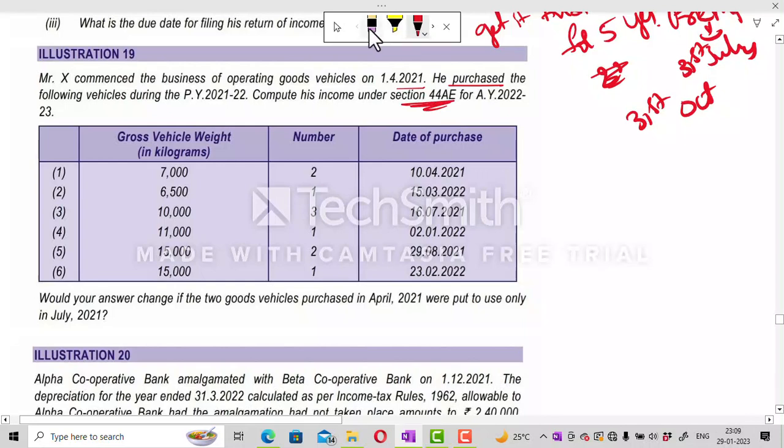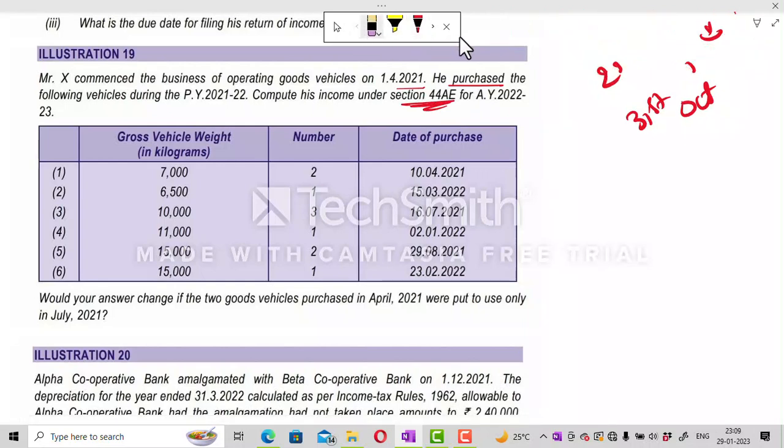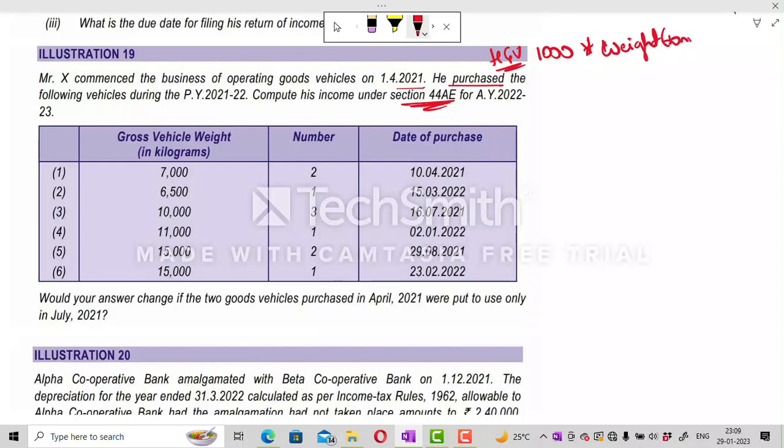See, first write the formula. For a heavy goods vehicle, it is 1000 into the weight of the vehicle in tons into the number of months per vehicle.